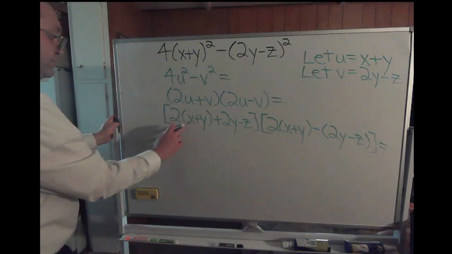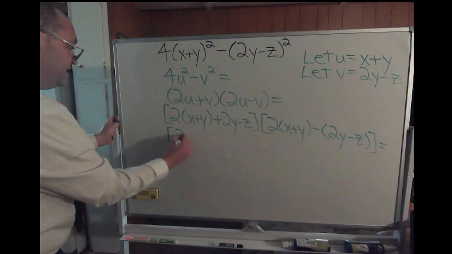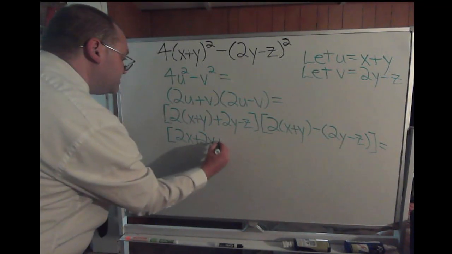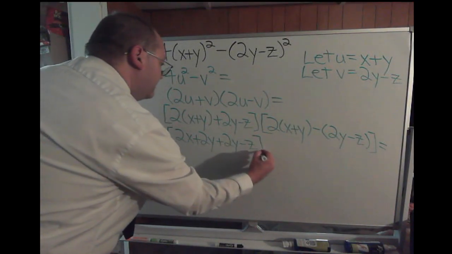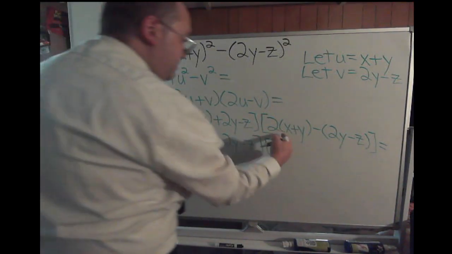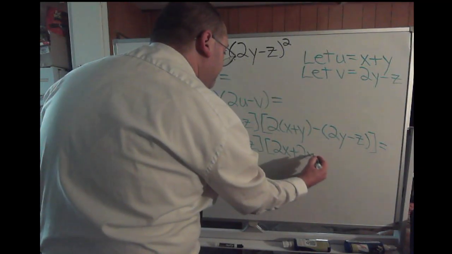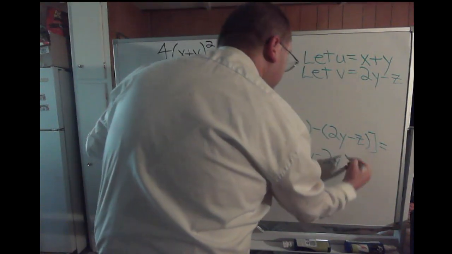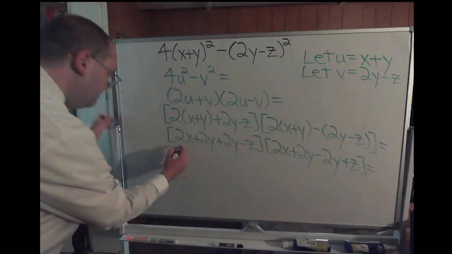So now we just need to simplify this. We distribute the 2, you get 2x plus 2y plus 2y minus z. That quantity, distribute the 2 here, you'll get 2x plus 2y. Then you have minus 2y minus z, that's plus z. So let's simplify this one more time.